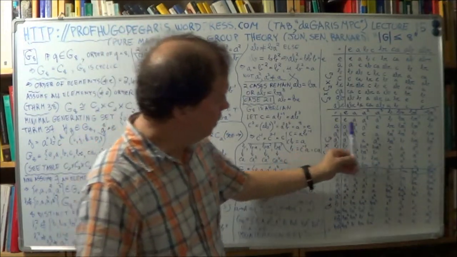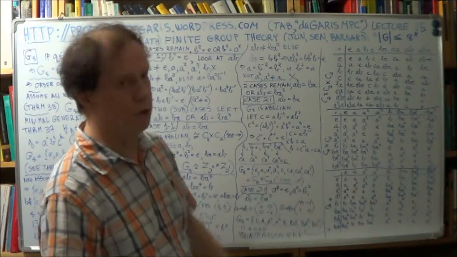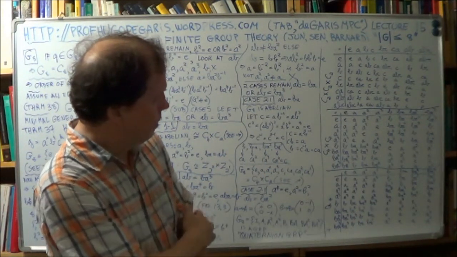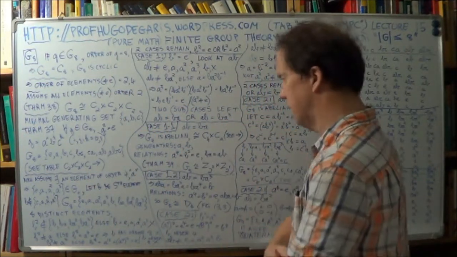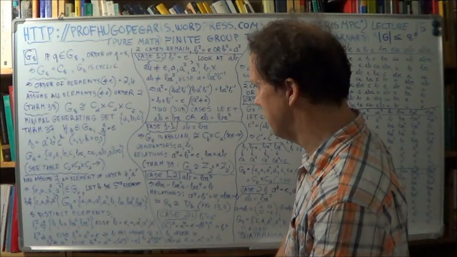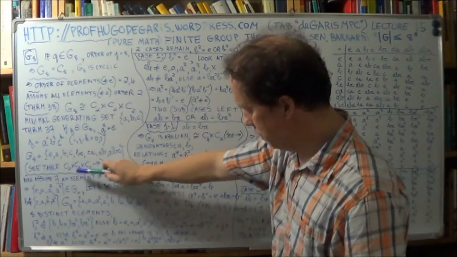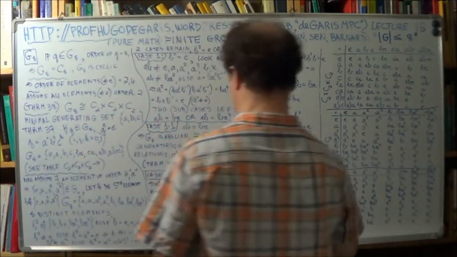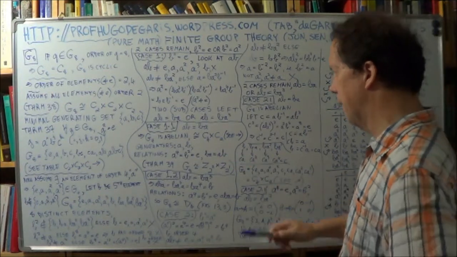Then this group table is isomorphic to C4 times C2, right? So we have another case. We have our, what's that, the third case. We've got the cyclic case. We've got C2 by C2 by C2, and now we have C4 by C2.